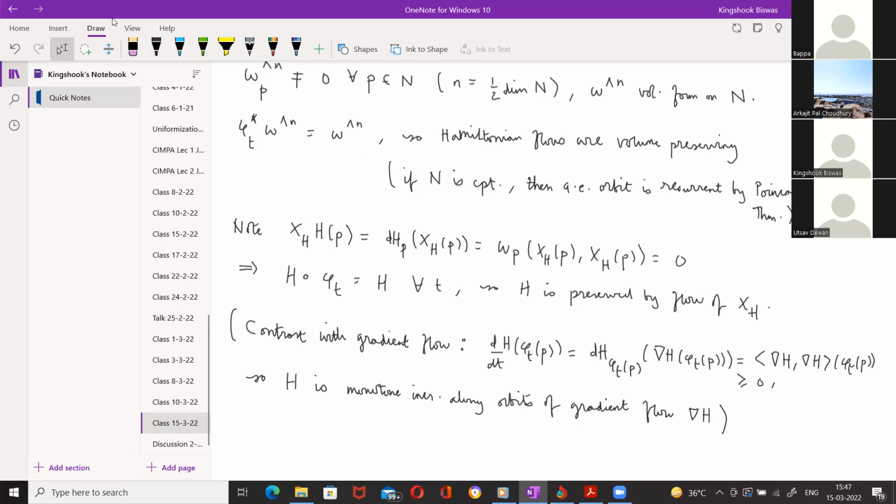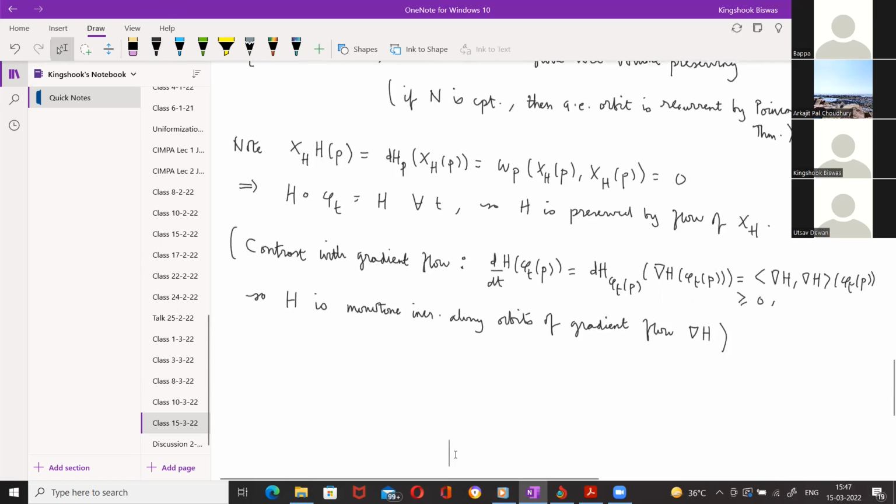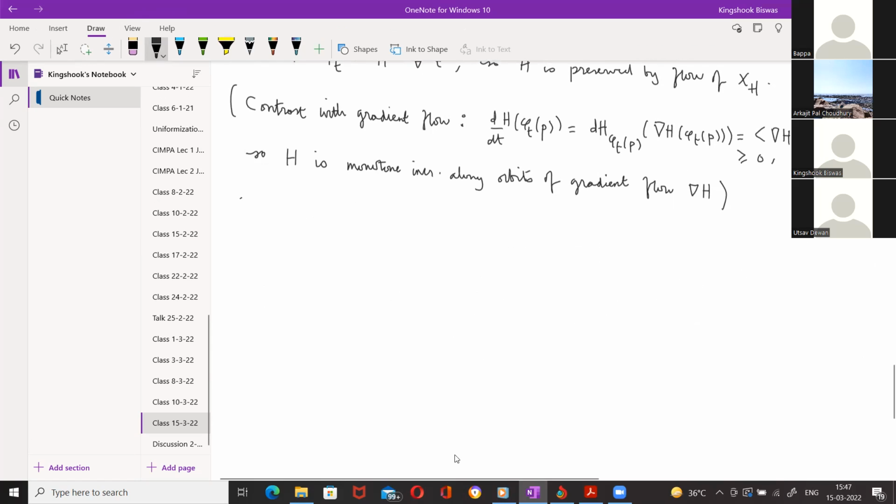Just to give you an example of how different gradient flows and Hamiltonian flows look, take omega to be the standard symplectic form dx wedge dy on R^2, and the inner product to be the standard inner product on R^2.